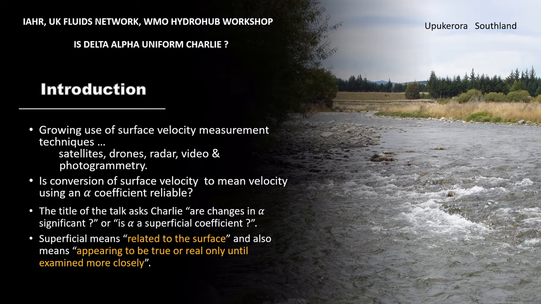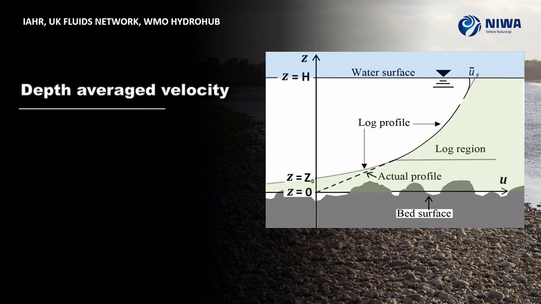We're looking here at the Pukeroa River in Southland at the bottom of the South Island of New Zealand. And I wonder what the alpha ratio is here. Well, here we see a profile of velocity, and to get the true depth averaged velocity, what we have to do, as the name says, is average it over the depth.